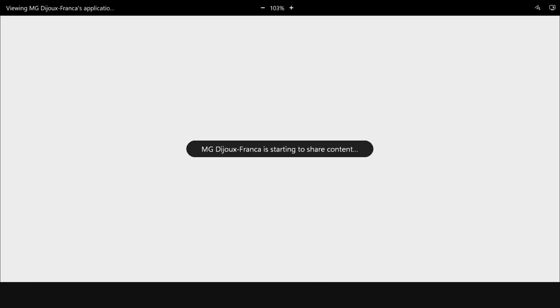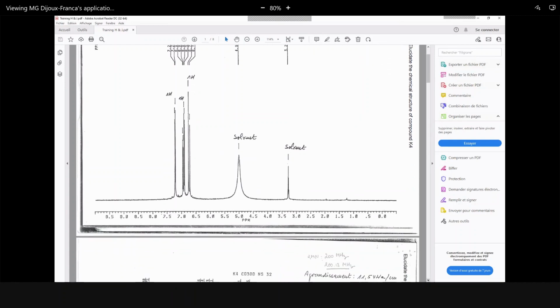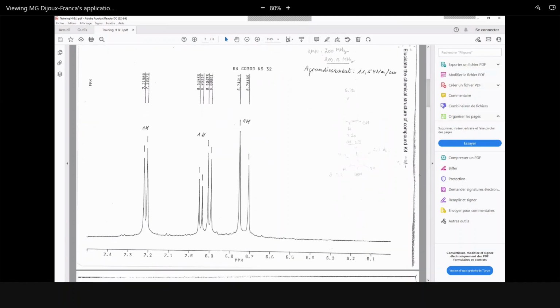Why is it not possible to share a PDF document? That's strange. Do you see it? Yes. Okay, it's that one I gave you? Yes, I saw it.